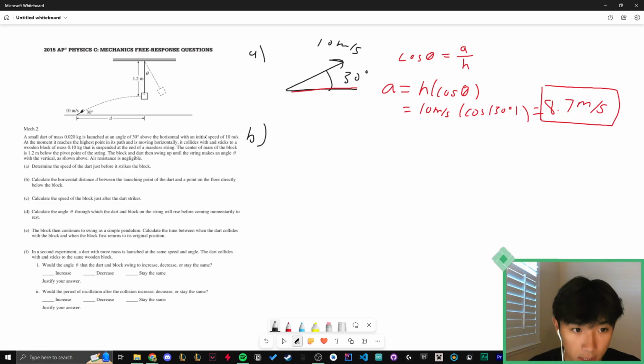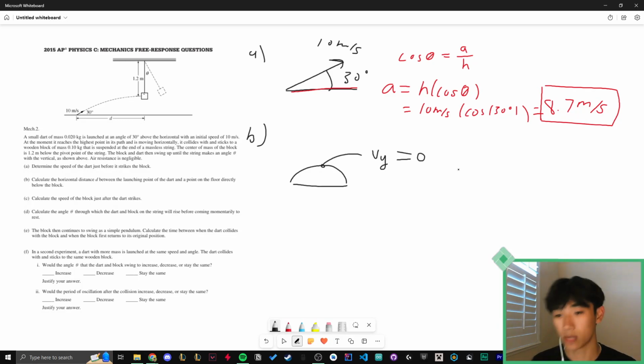So what does that tell us? Well, in a parabola, the highest point is when the velocity of the y component is equal to 0. Because as you notice here, the object is moving higher and higher, but once it reaches this point, it begins to go lower and lower. So that's how we know.